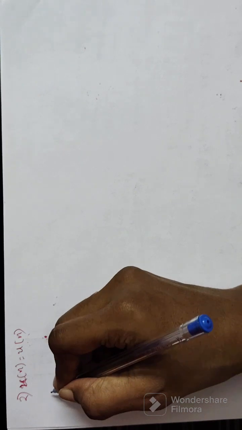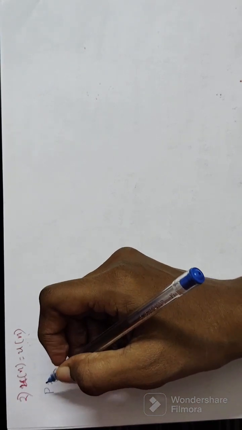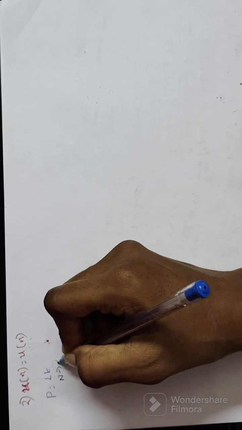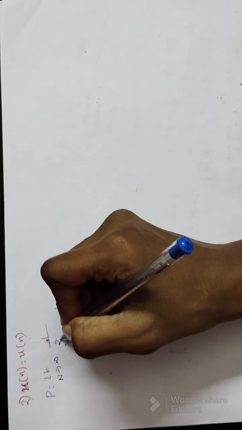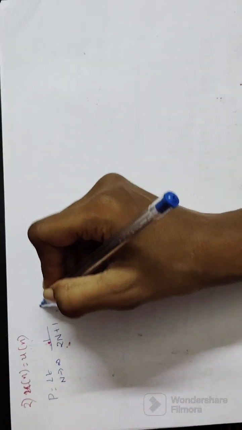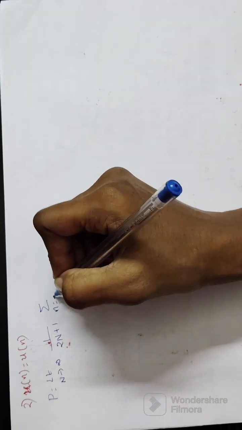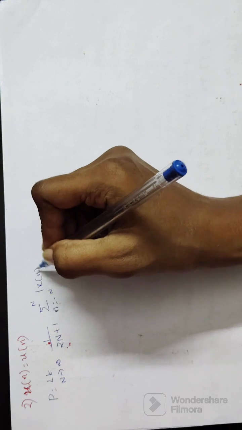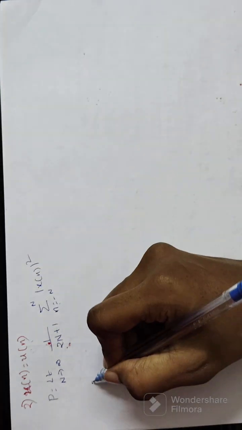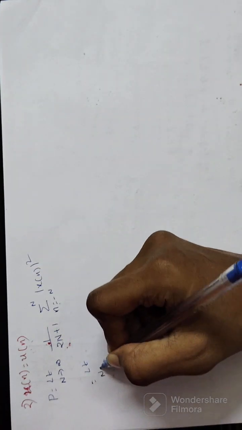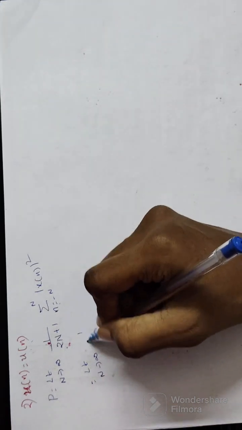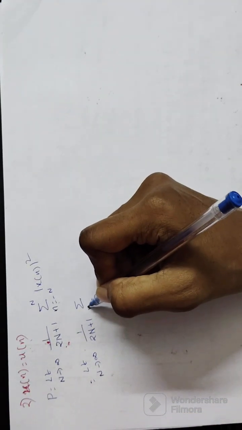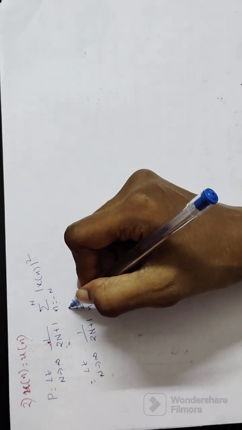We already know the formula of power: P is equal to limit n tends to infinity 1 by 2n plus 1 summation n is equal to minus n to n mod x of n whole square.